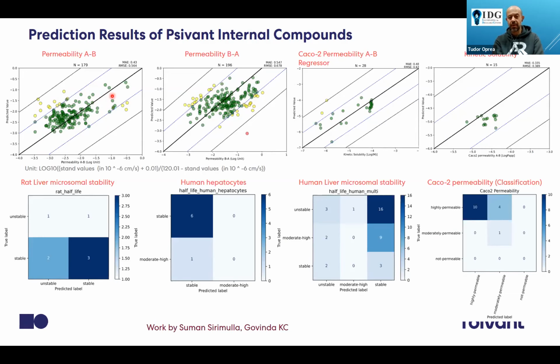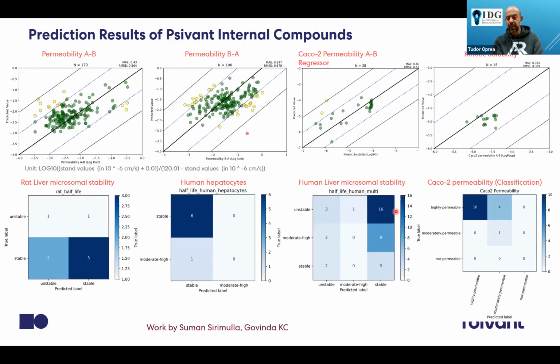So whether you look at MDCK permeability or KCO2 permeability, human hepatocytes, the only one that we're not doing really well is human liver microsomal stability, where a lot of the molecules that are predicted stable were in fact measured unstable. We are, of course, applying course correction to try to understand what goes on with that model and try to figure it out.